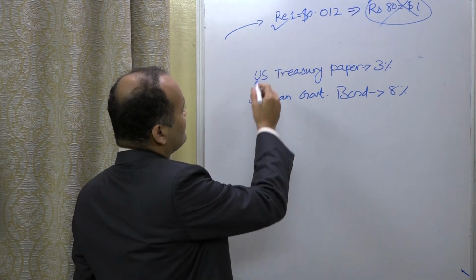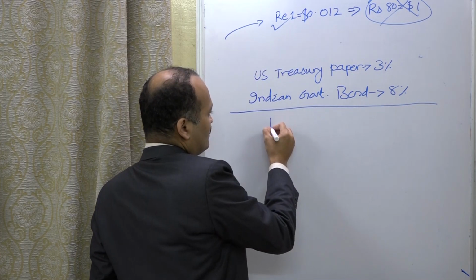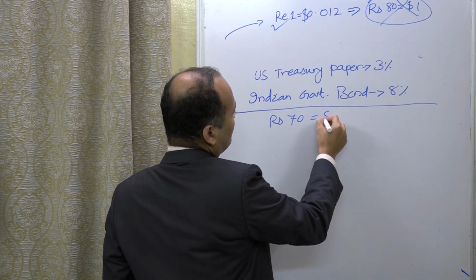And let us consider two scenarios. Suppose the exchange rate was at rupees 70 equal to $1.